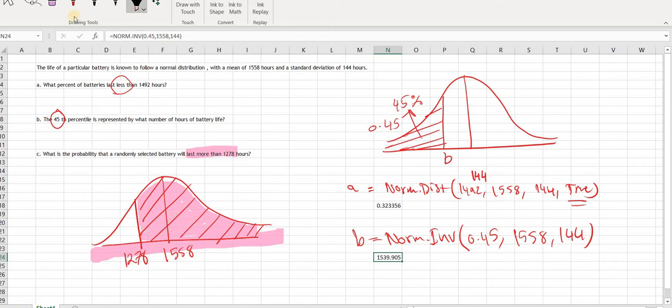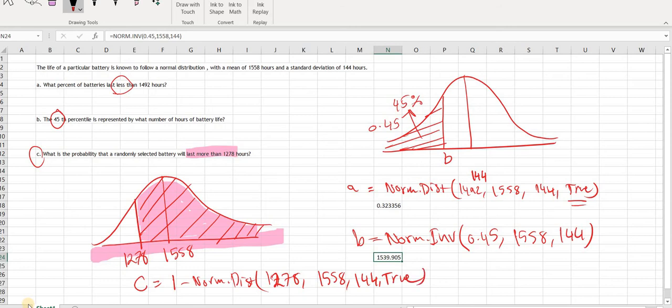To find the area to the right, we know that the function NORM.DIST does not compute the area to the right, but we also know that the area under the curve is equal to 1. So the answer for part C is equal to 1 minus NORM.DIST of 1278, comma, the mean, comma, the standard deviation, comma, true.